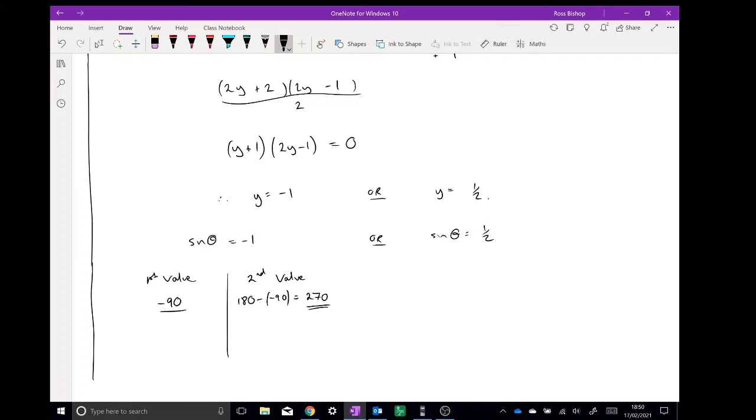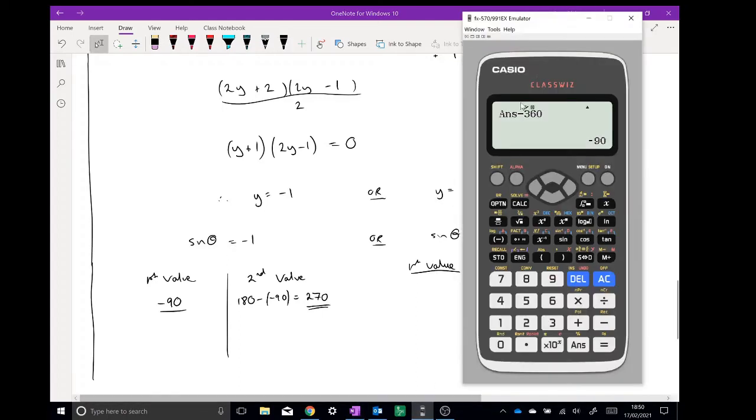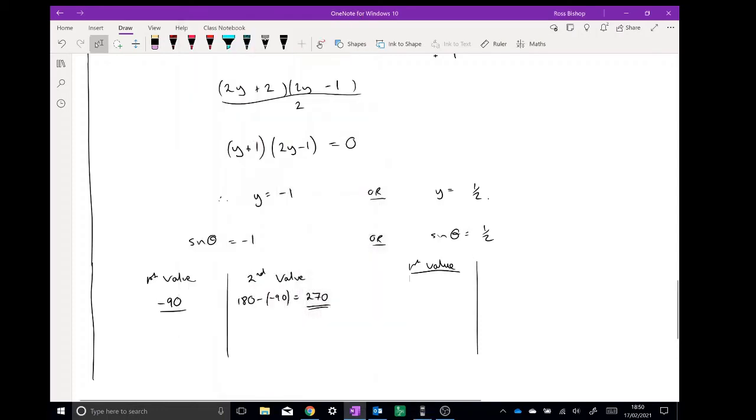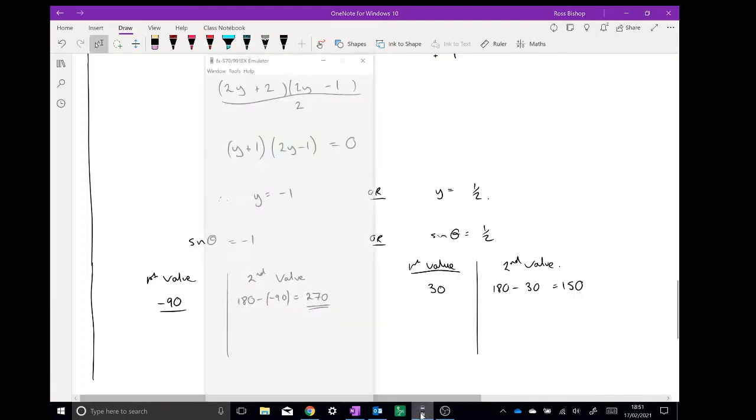Now, if I go on the other side, first value I get from the calculator again. So this time I get 30. Second value, remember I do 180 minus the first value, so 150. I then need to add or subtract 360.